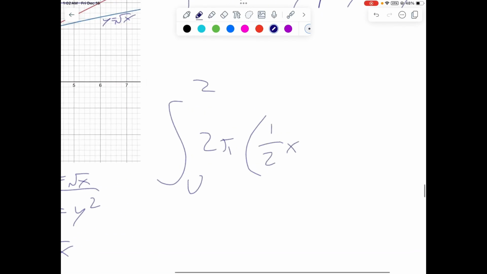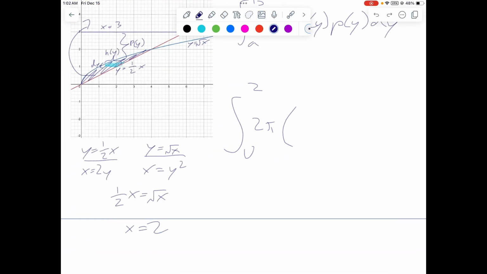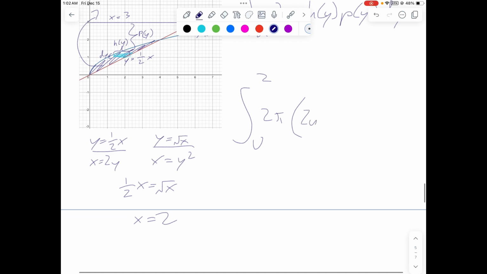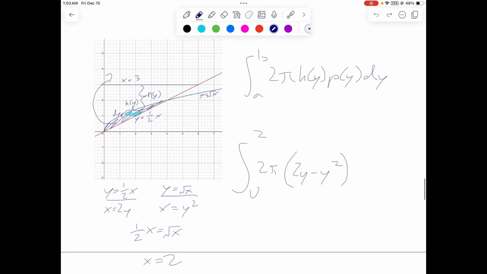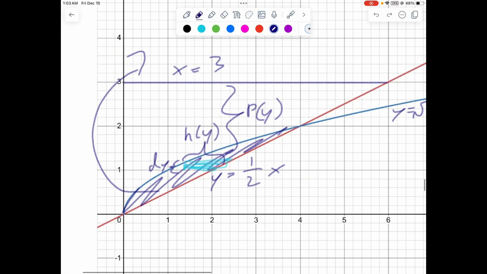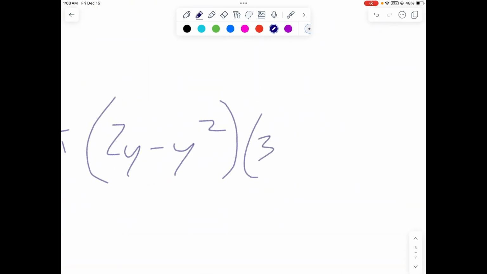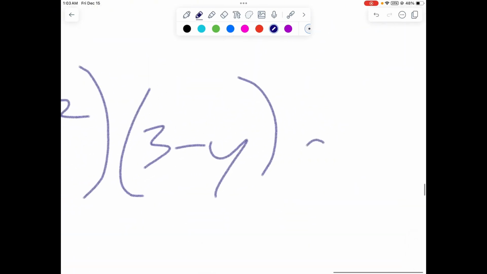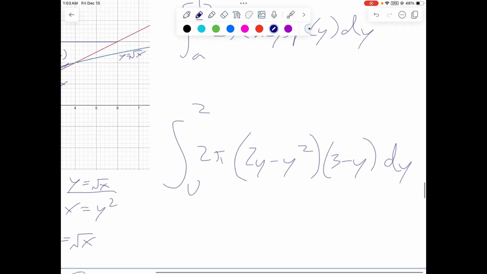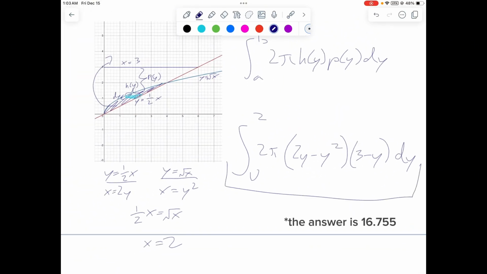So 1 over 2x, or sorry, we need to put it in terms of y, so 2y minus y squared, multiplied by this p(y) value, which is, as you can see, the axis of rotation is above the shaded area, so it would be 3 minus our y value, right? So 3 minus y, and then our dy. And this would be our finished integral.